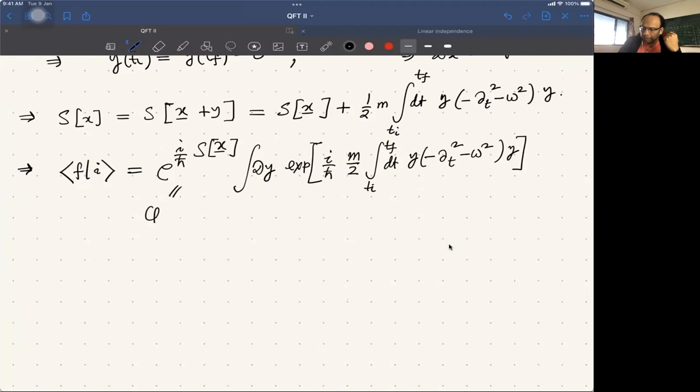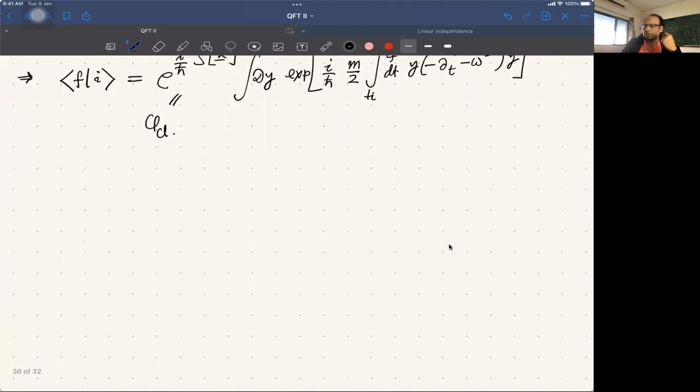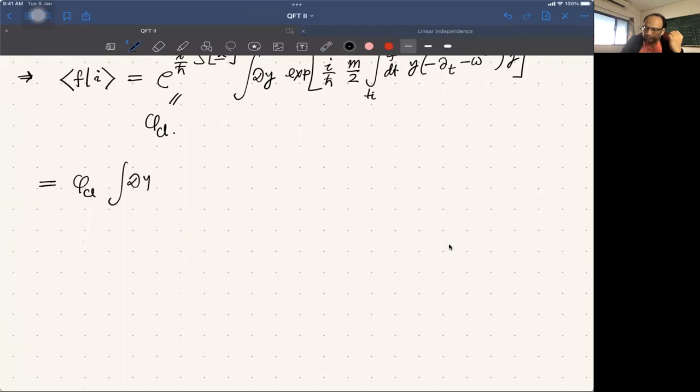This is a classical phase, a classical contribution, which we will carry as phi cl. And then for the path integral part, we will go to the Euclidean description.